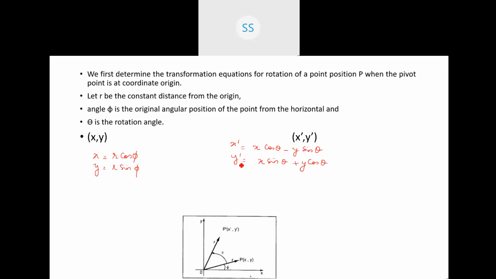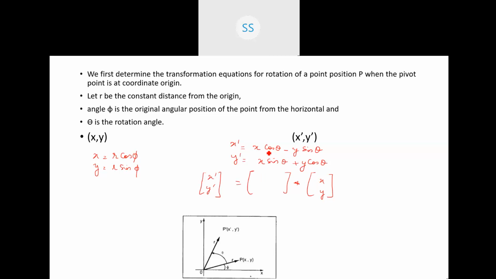Now, how do I represent it? This is represented in matrix form. In matrix form, x dash, y dash is going to be my new point, the column matrix. In the same way, I can show my x and y also as a column matrix. So I need to multiply it with something so that I get this value.